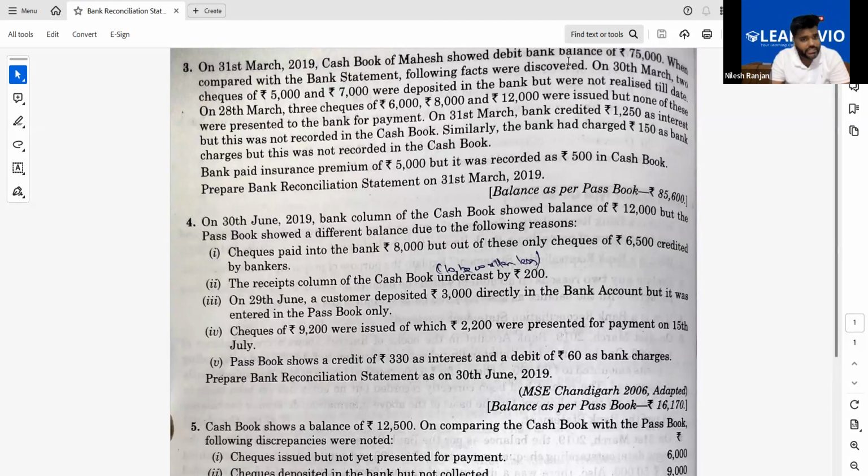Means we have deposited two checks of 5,000 and 7,000, but they have not been realized yet, means it is not deposited as per bank. We have been entering these checks in our cash book, but the bank has not recorded them yet. So what will be the solution?